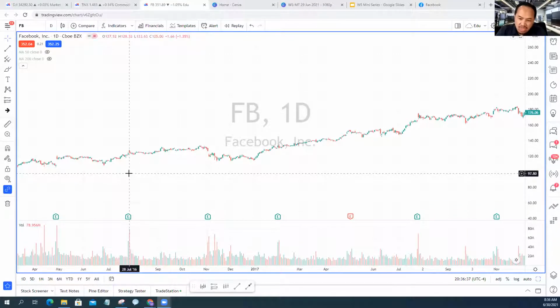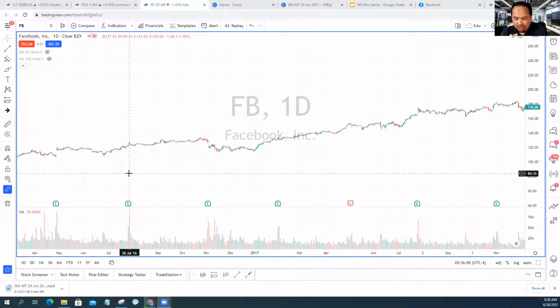Price action, of course, is very important in the financial market, and it needs to be supported by the volume. So it's very important for us to understand this first before we use support and resistance. We must understand the use and importance of price action.